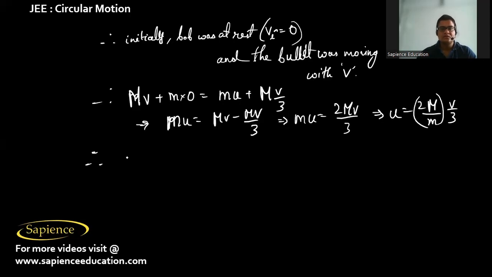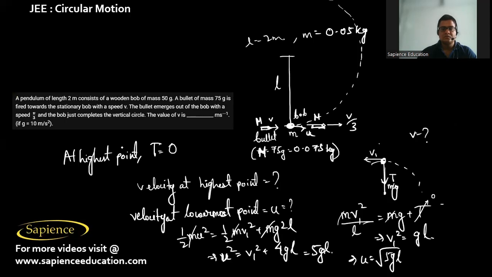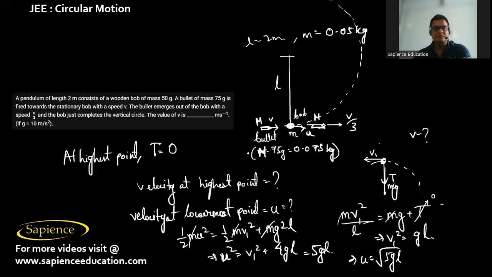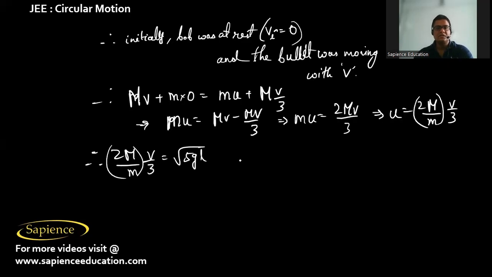So u equal to root 5gL. Therefore 2M by m into v by 3 should be equal to root over 5gL. Then we have to find out v, in meter per second. So v will be equal to 3 root 5gL into m divided by 2M.